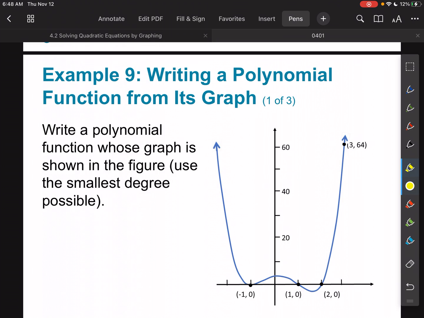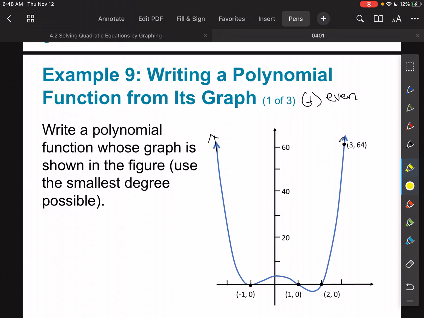Right off the bat, some things that I know about this graph before I start: this graph is going to be even because it has the same end behavior in both directions. I also know that it's going to be positive because it starts in the positive and ends in the positive. Let's see, what else do I know?